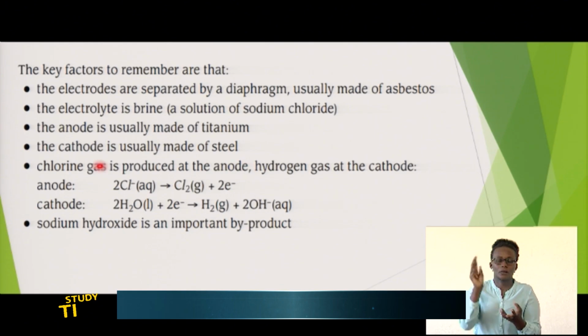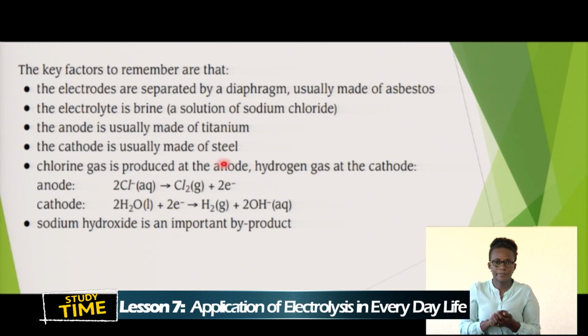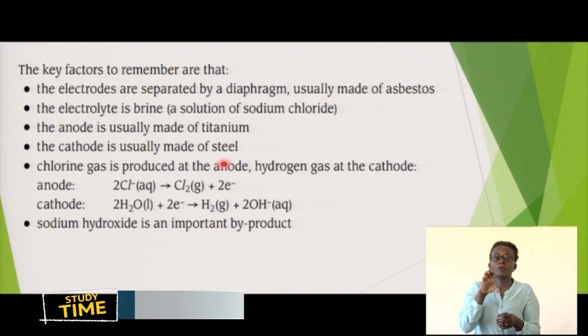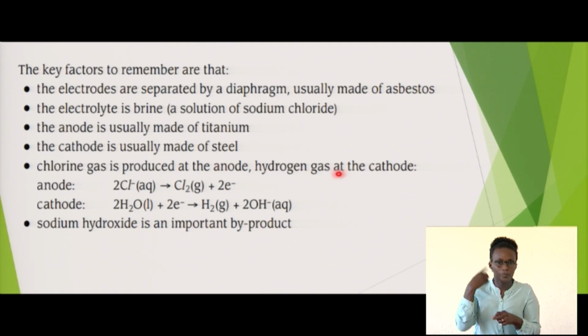Chlorine gas is produced at the anode, the positive terminal. The hydrogen gas is produced at the cathode, because the solution contains some water, so the hydrogen ions will be discharged. And therefore, those are the two reactions which are taking place.